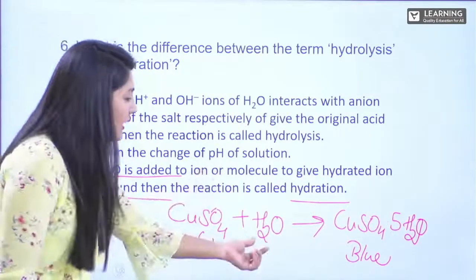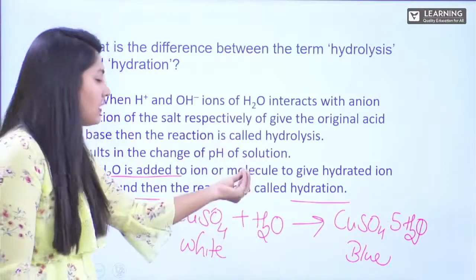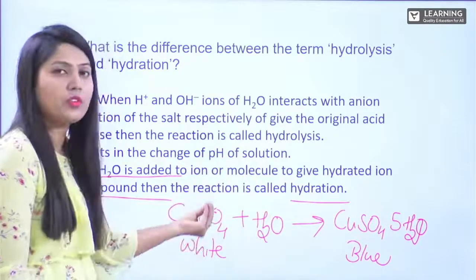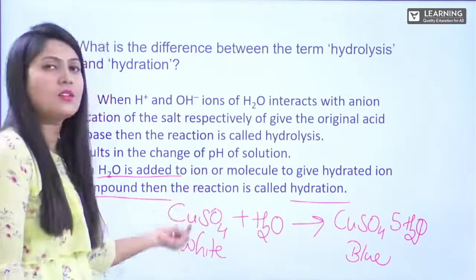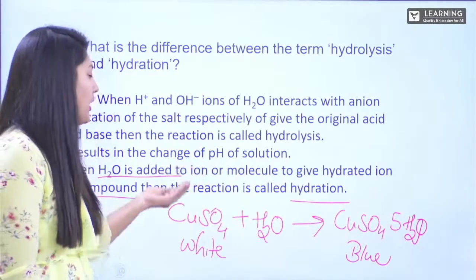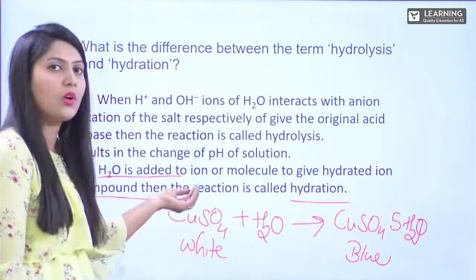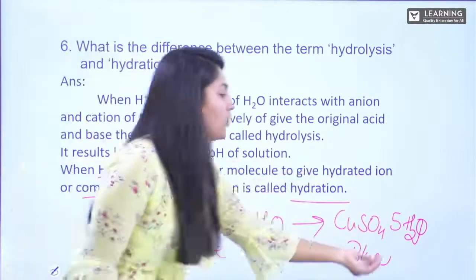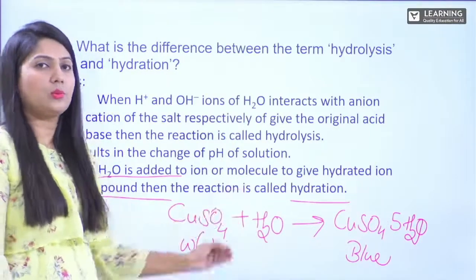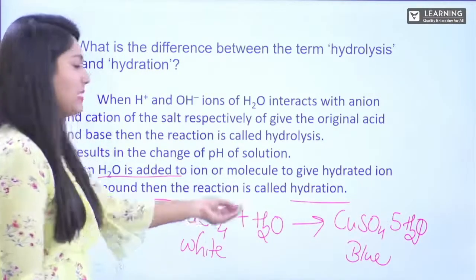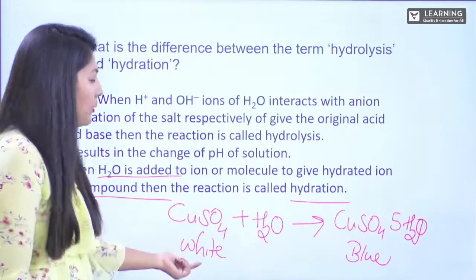So the attracting of the water molecules, or having a bond with the water molecules, with this salt or any compound, molecule or ion, will give you hydrated ions, molecules, compounds or salts. It is the best example where copper sulfate will be white in color.